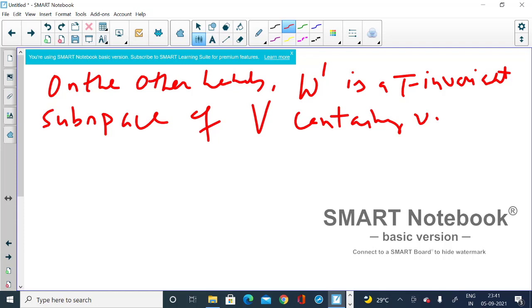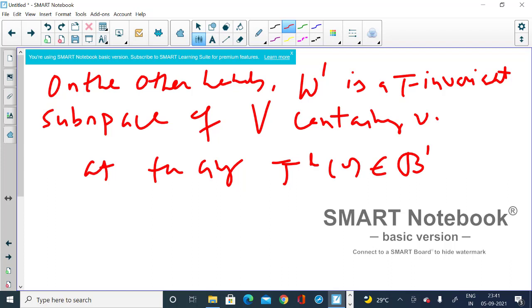But why is this invariant? Because if you apply T to any basis element, say T of T^l v, which is an element of B dash, you have to show that there are two possibilities.